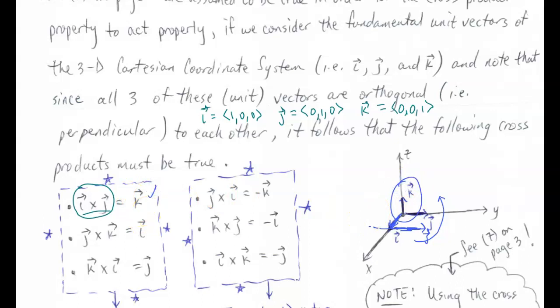Now, let's say I do the reverse, meaning instead of I acting on J, J acts on I. Then of course the direct opposite is going to happen. So what's going on here is that if J is acting on I, then I can move this vector I here, and now the rotation is going to go this way, which is clockwise.